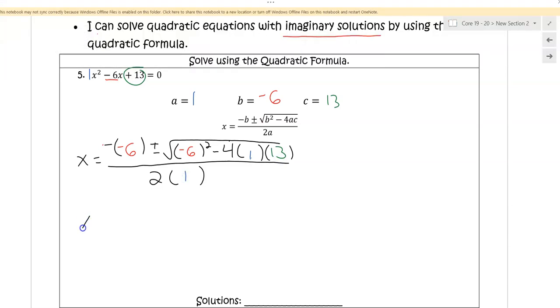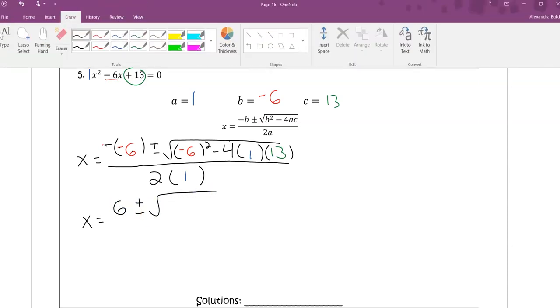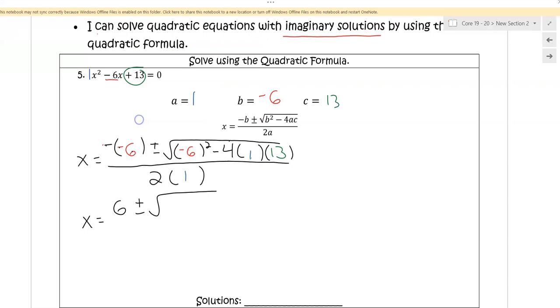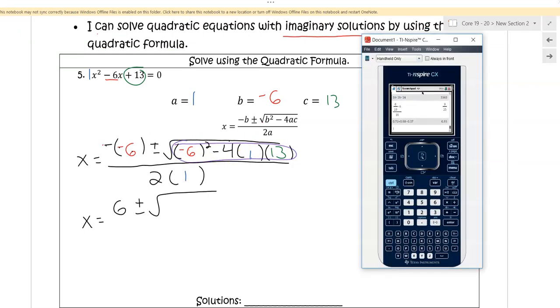So we have our 3 pieces. x equals the opposite of negative 6 is positive 6. We type in what's in the square root, right? Do not type the square root in your calculator, just what's inside of it, with parentheses and everything, especially with these negative numbers.